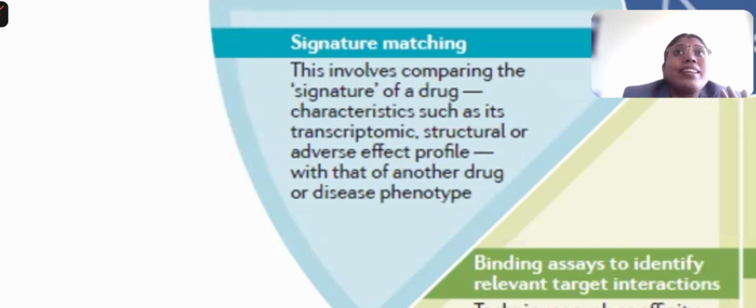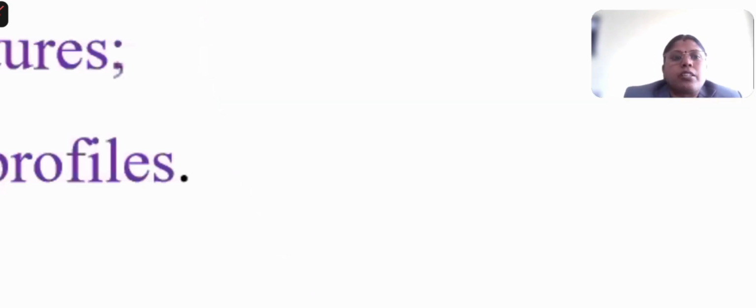Then the novel data sources, large scale in vitro drug screens with paired genomic data. So these are the various approaches used in in silico repurposing: docking, genetic association, pathway mapping, retrospective clinical analysis, and signature matching.